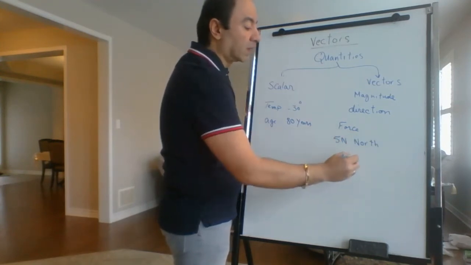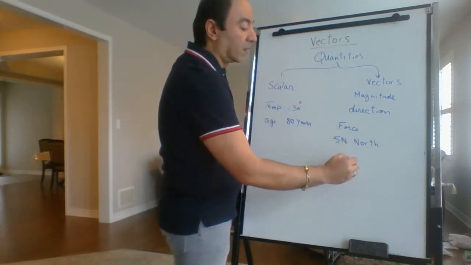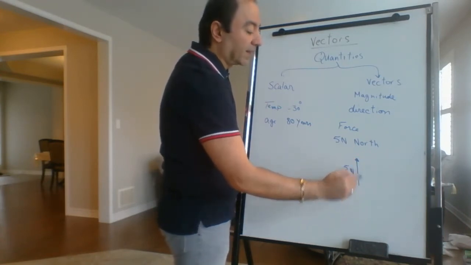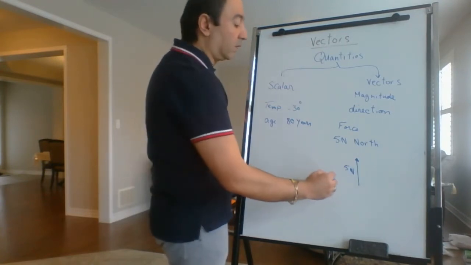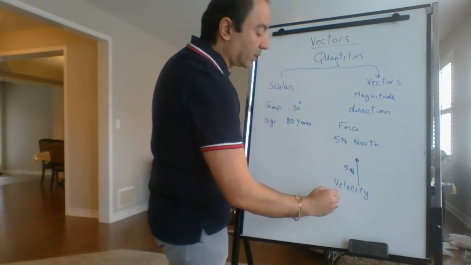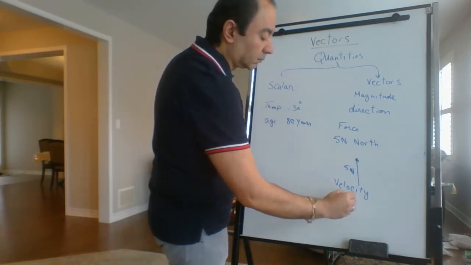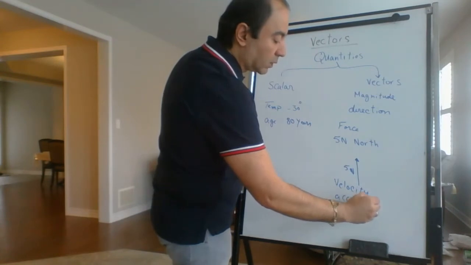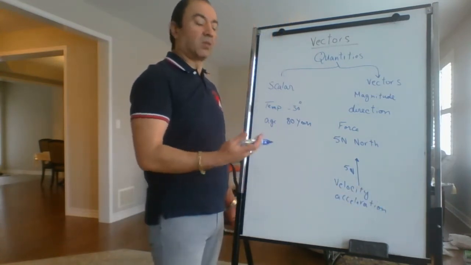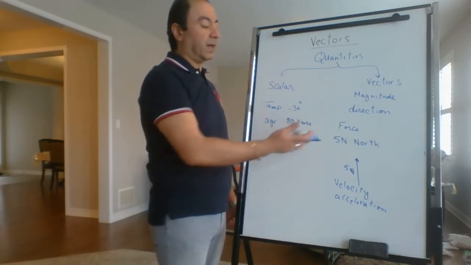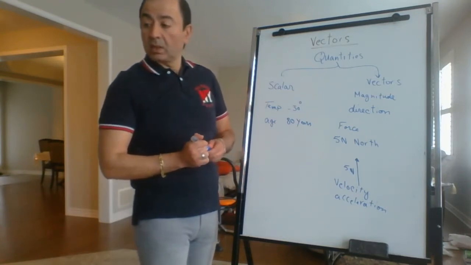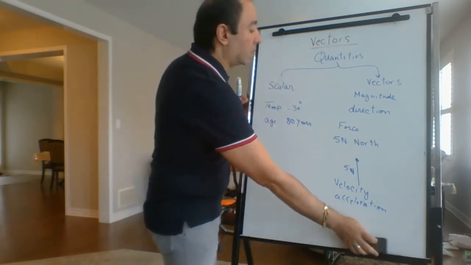So now you know that there is a force with a magnitude of 5 Newton acting in this direction. Velocity, acceleration, all of those are vectors. They need magnitude, a number that represents how much of that, and direction to tell in which way it acts. Okay, so this is the first thing I want you to know.